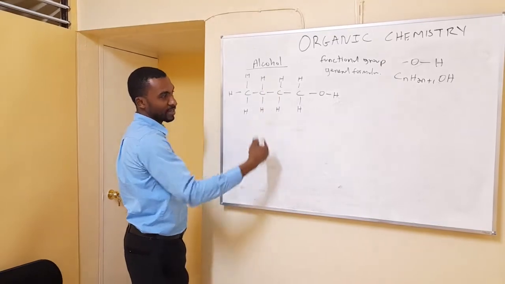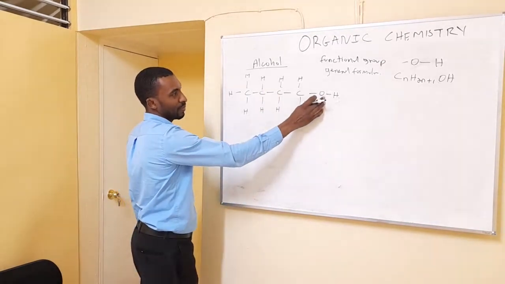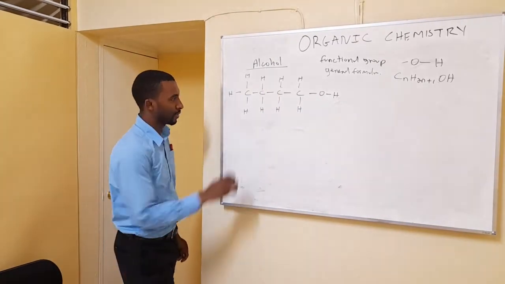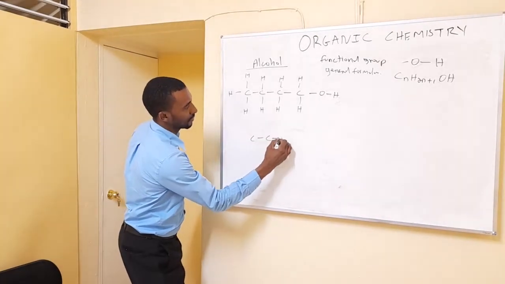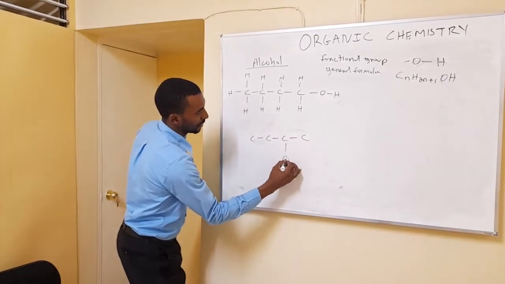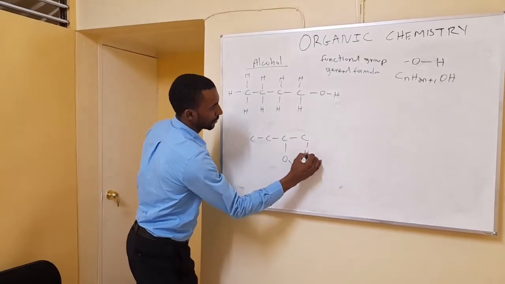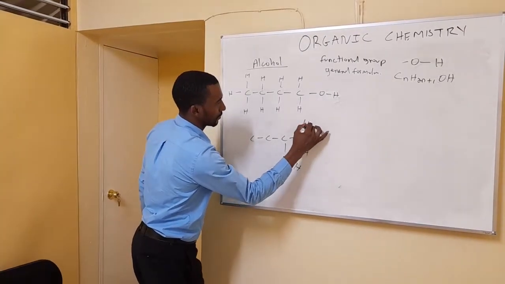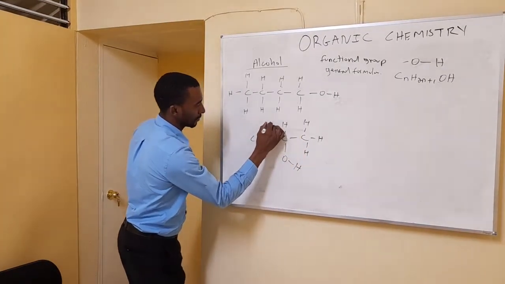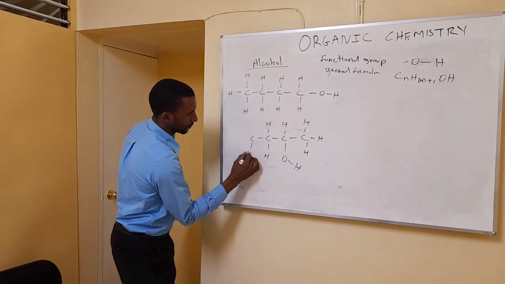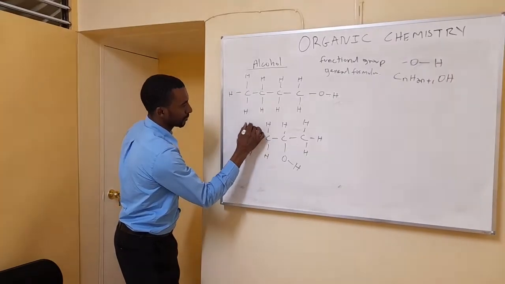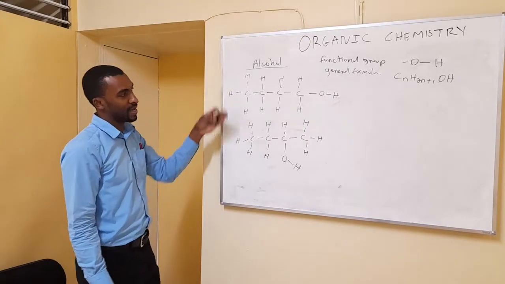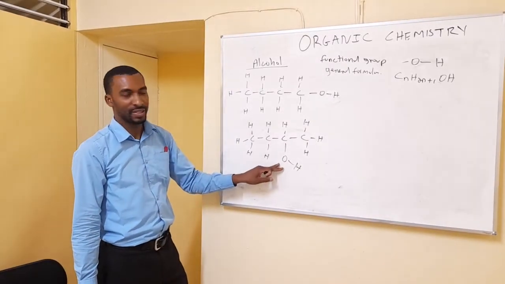If we want another isomer similar to the alkene, we can just move the position of the functional group. So in this case, we can go the OH here. Alright, so this will be an isomer of this by just moving the functional group.